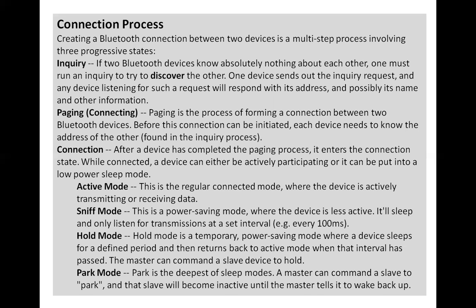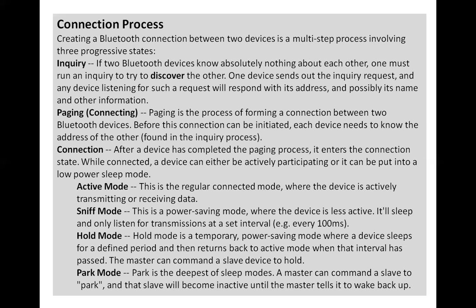Then hold mode. Hold mode is a temporary power saving mode where a device sleeps for a defined period and then returns back to active mode when that interval has passed. The master can command a slave device to hold.